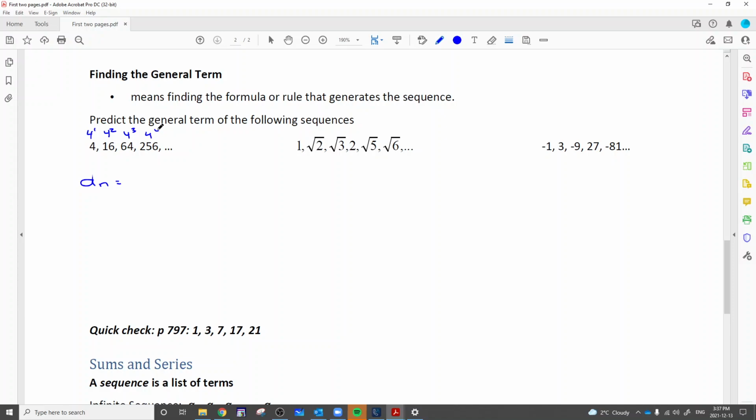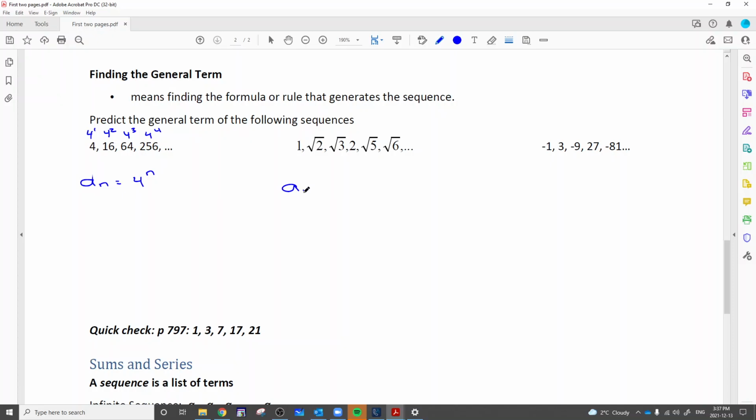So what is my general term? Well, it's always 4 to some exponent n, and I'm going to start where n is 1, n is 2, n is 3, and n is 4, and so on. So since I'm not making n start at anything special, I can just leave it like that. It's known that n has to be a natural number and that it will start at 1 unless you specify otherwise.